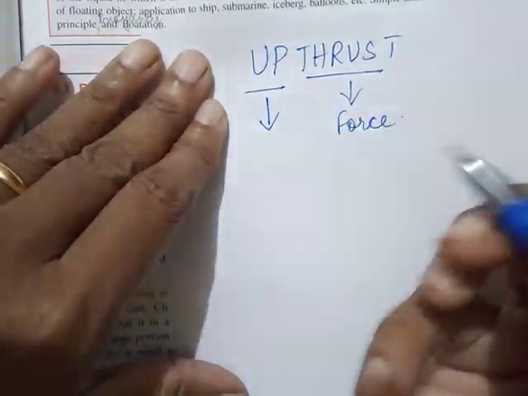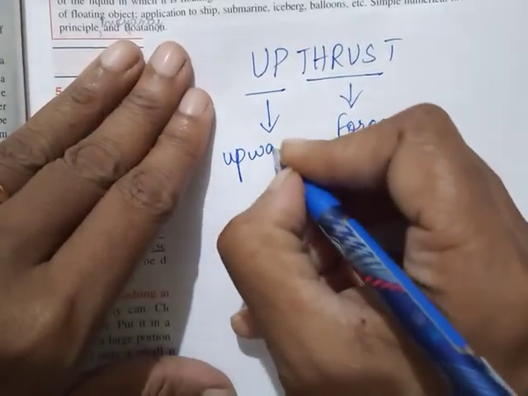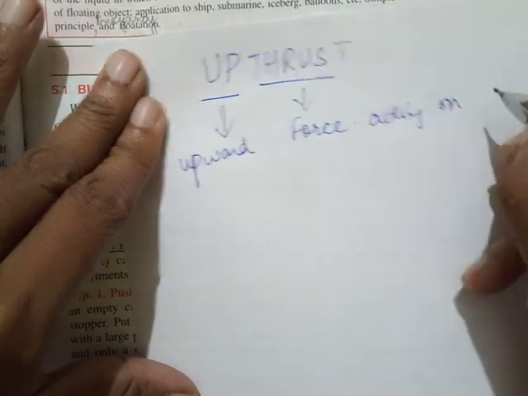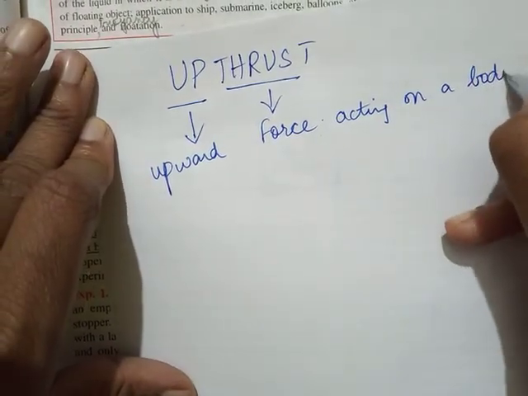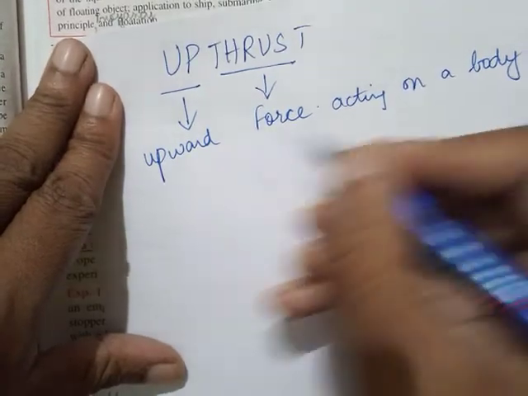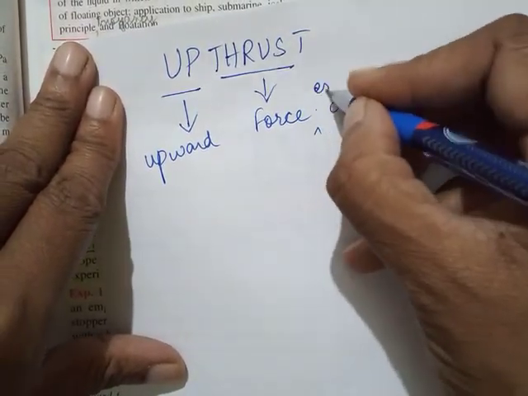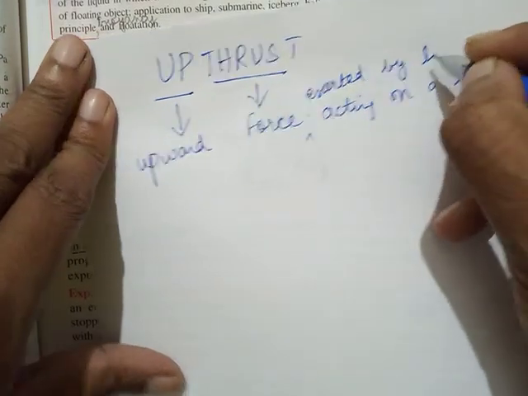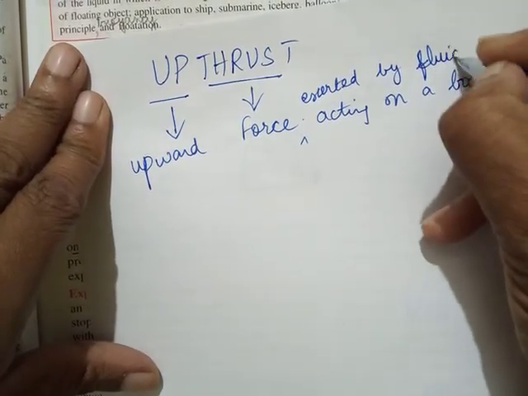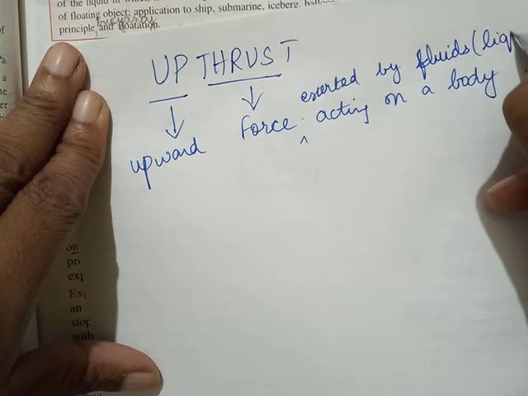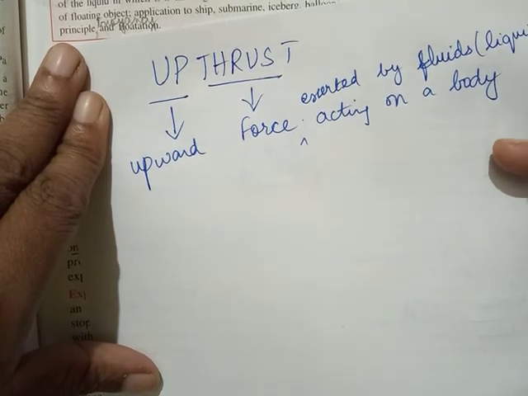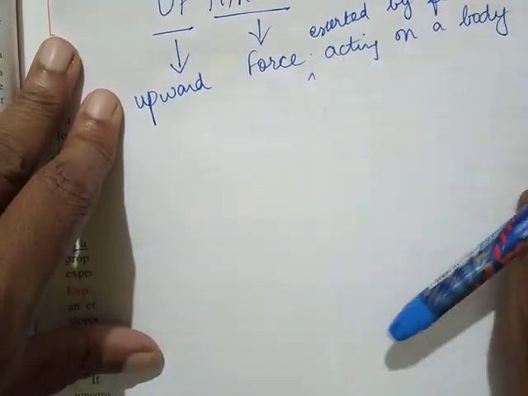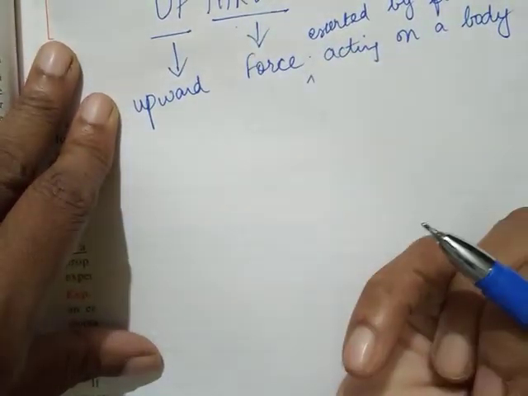So upthrust means upward force acting on a body, upward force exerted by fluids. Basically it is liquids and gases both. Upward force exerted by fluids, that is liquids and gases, acting on a body is called as upthrust.